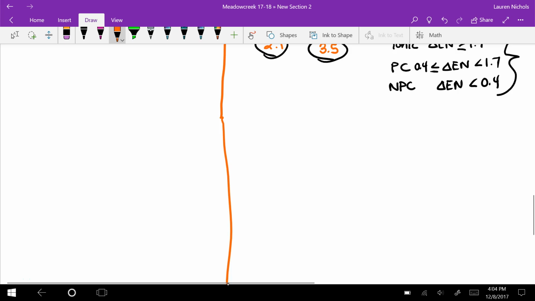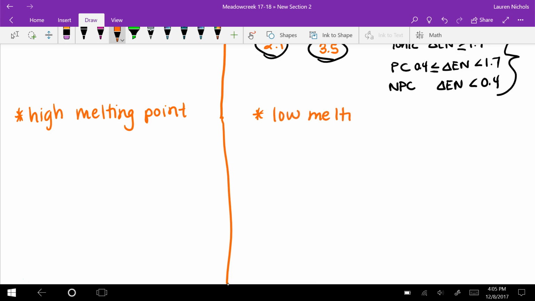So if we talk about some of the big physical properties, we talk about how ionic compounds have a high melting point, okay, whereas covalent compounds have a low melting point, which is not all that surprising because we know that ionic compounds include metals, and a property of a metal is having a high melting point, whereas covalent compounds are all nonmetals, and nonmetals have low melting points.